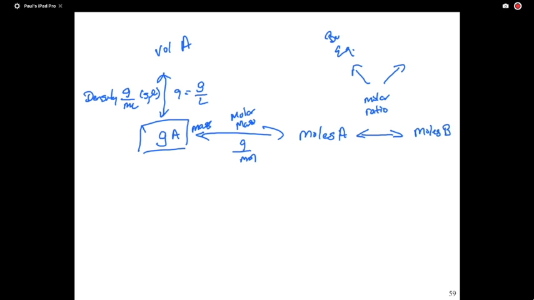If 2 hydrogens plus 1 oxygen yields 2 waters, you can get the numbers from the balanced equation. The other thing that we learned is from a compound. Let's say I have aluminum oxide: for every 2 aluminums, there are 3 oxygens. That's another place I can get a molar ratio, from a balanced equation or a compound formula. And I can change from one thing to another.